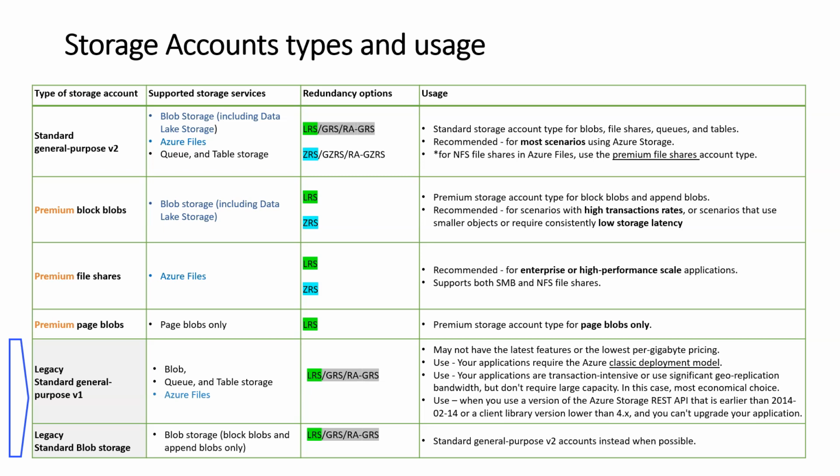For example, when the application requires the classic deployment model, which is not supported by the newer storage types, or your application is very transaction sensitive and uses significant geo replication bandwidth, but does not require large capacity. Then in that case, it's an economical choice. Or when you are using an Azure Storage REST API version older, like the 2014 version, or a client library version lower than 4.x, then you can use this.